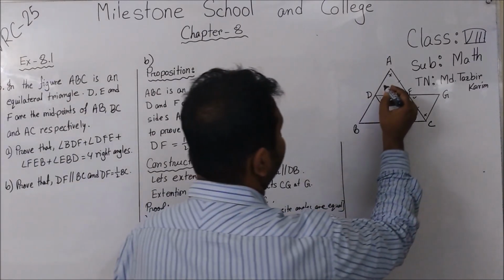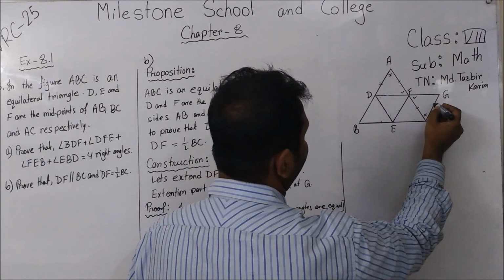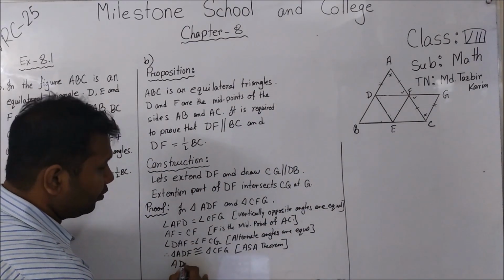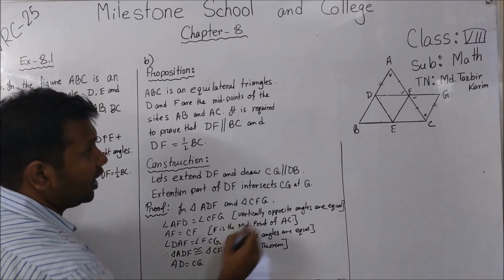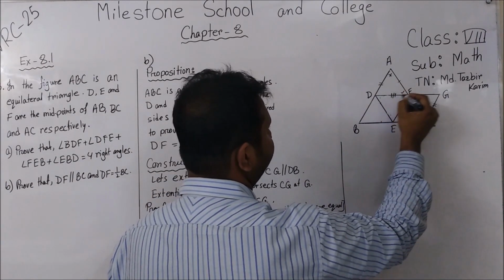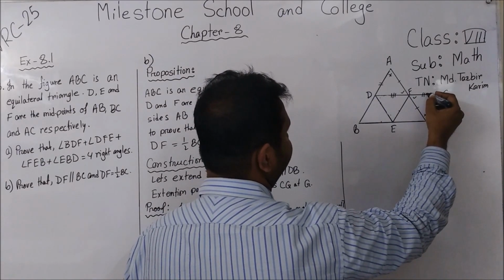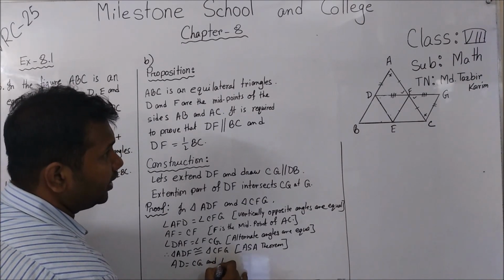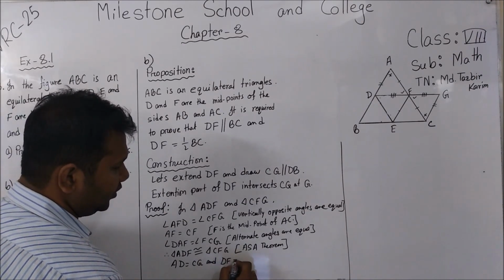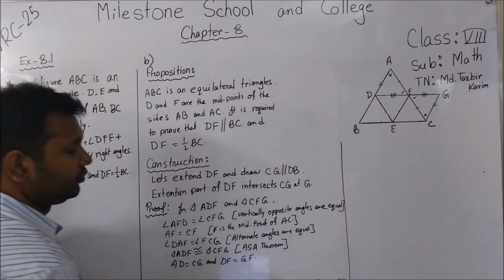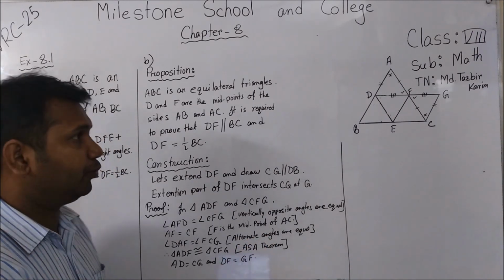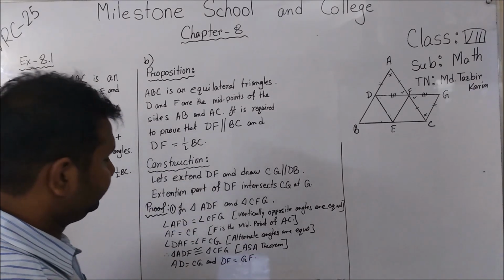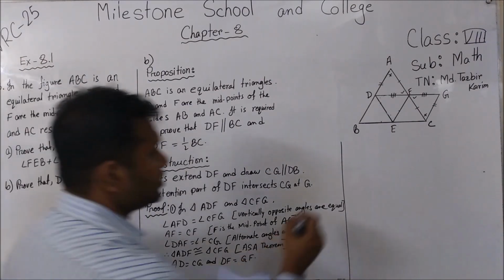So I can say AD equal to CG, and DF equal to GF. Okay. Now this is step 1. Step 2.